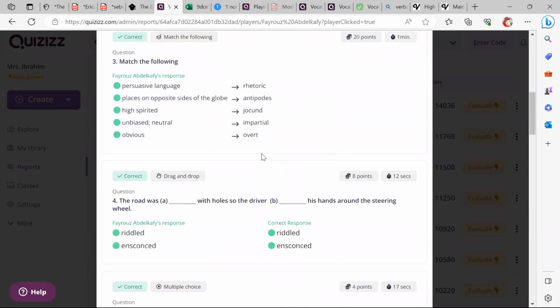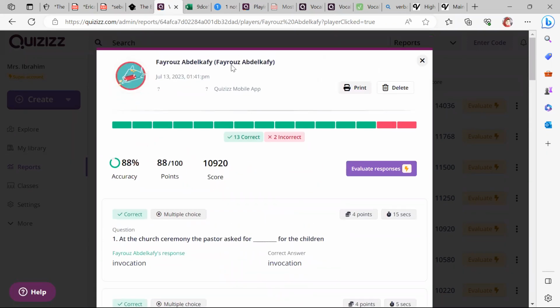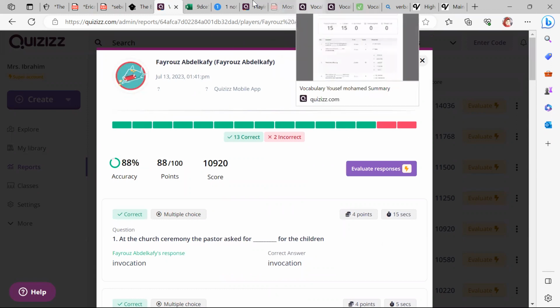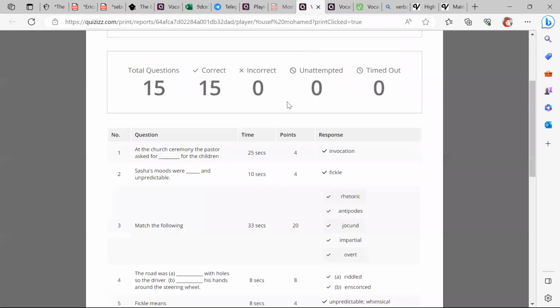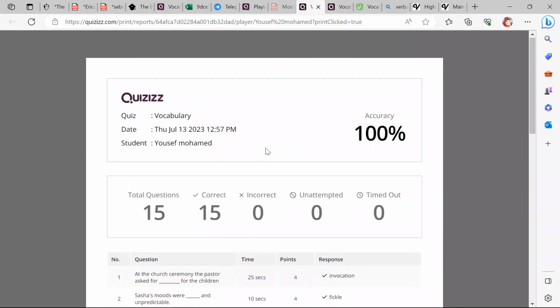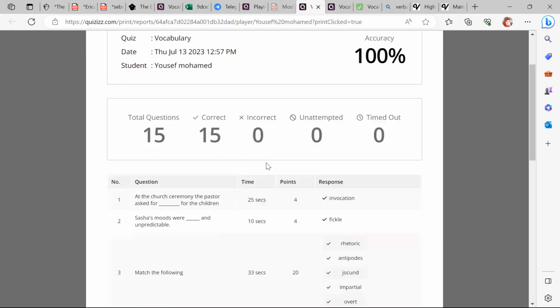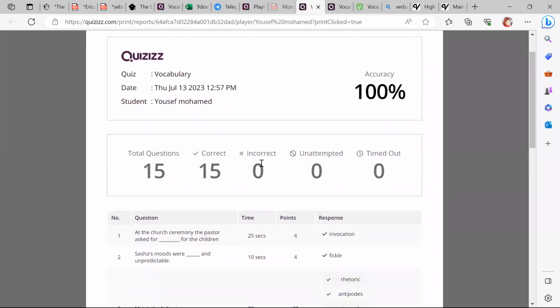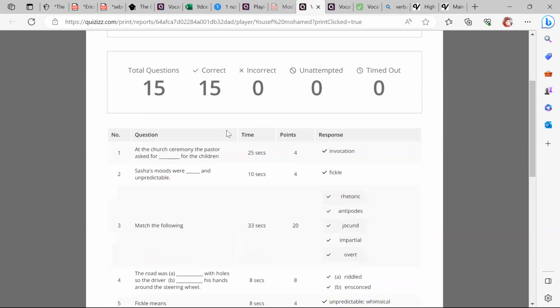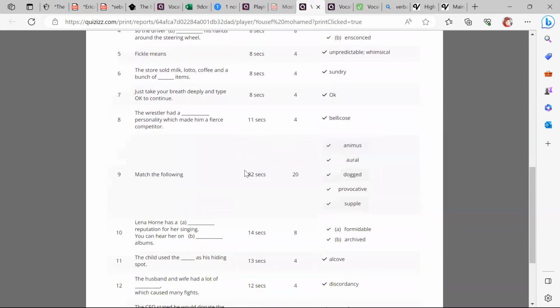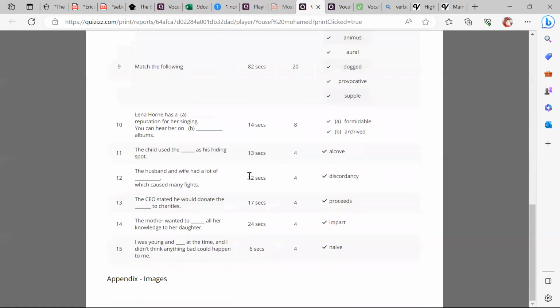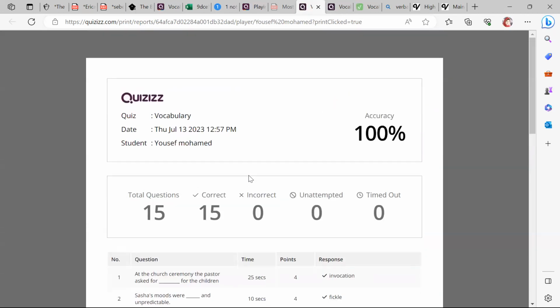And also here, if I want to see a report, for example, I got a report for Yusuf Muhammad, with the date and the time he submitted, and everything is written in the report that can be in his profile, so that I can know that he is progressing well.